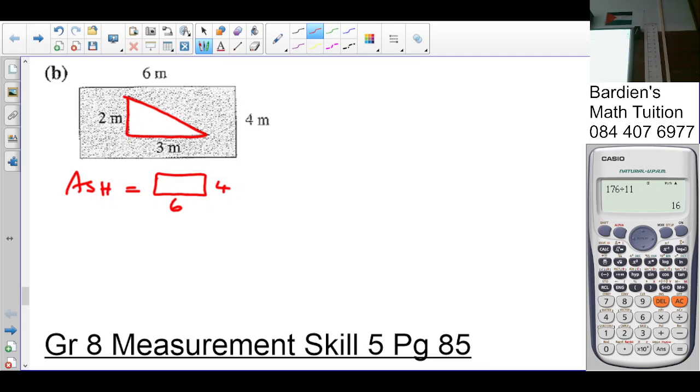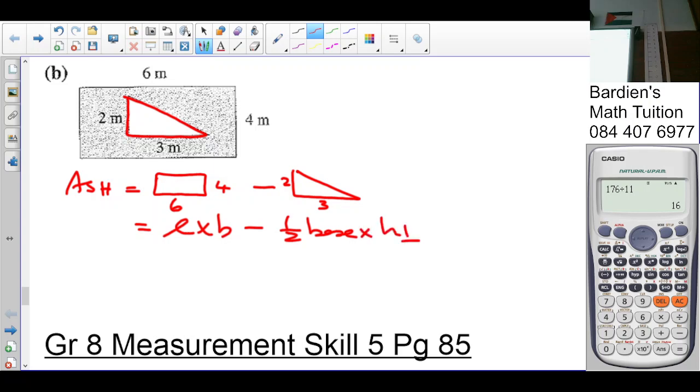So do I add or subtract? Subtract the area of a triangle from the area of a rectangle. The triangle measures 3 by 2. Again, how do I calculate the area of a rectangle? Length times breadth. Area of a triangle, half base times perpendicular height. So what's my length? 6.